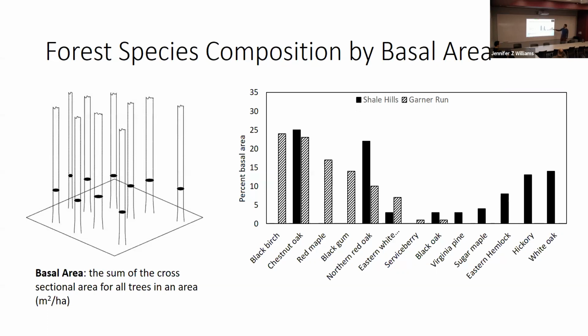What we can see here, on the left side of this graph for Garner Run, is that these species comprise most of that, and then there's a few different in Shale Hills. But one of the real takeaways is that a lot of the forest mass and/or basal area is concentrated in oak species. In our region, we have mostly mixed oak forests. So, just for context's sake.